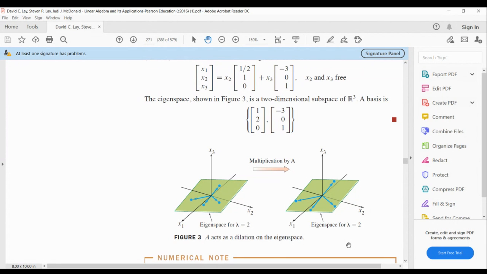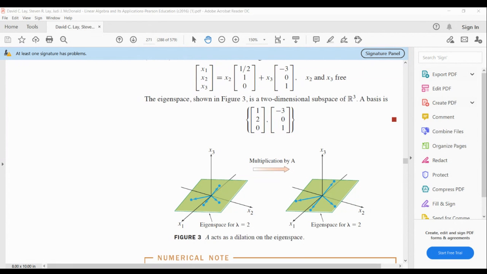So what's the dimension of your eigenspace, by the way? There are two vectors in the basis, so what's the dimension of the eigenspace? 2. The vectors live in R3, but it's two-dimensional, the dimension of the basis is 2.